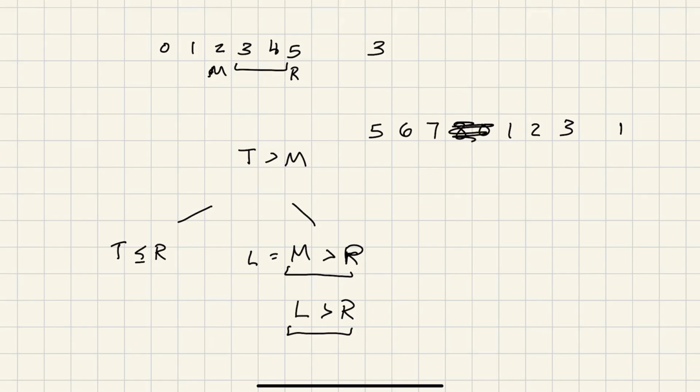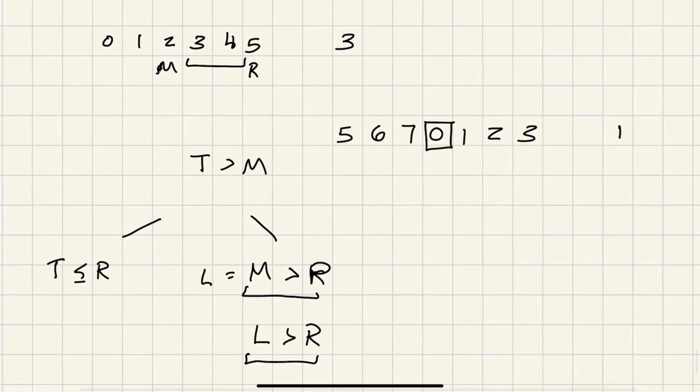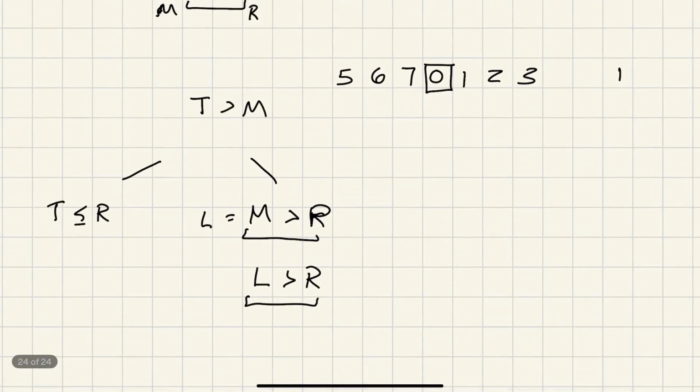Let's do this instead. 0, 0, 1, 2, 3. And this would be the mid. Well, target is greater than mid. Okay. But is mid greater than right? No. We want a case where mid is greater than right. Let's search for something like 3.